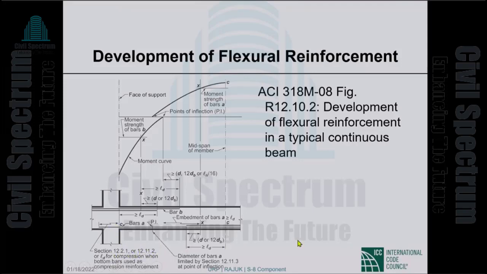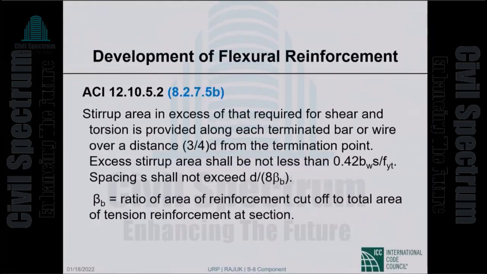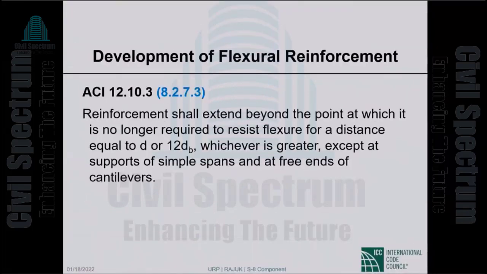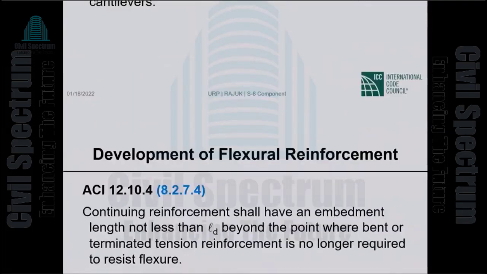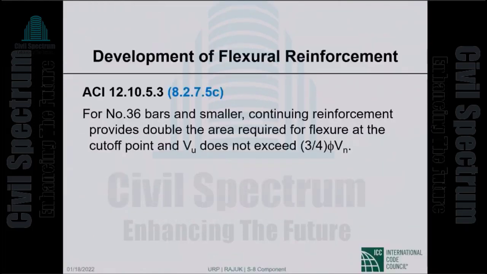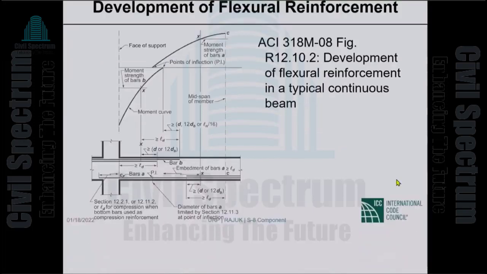Anyway, so the illustration shows mostly what was said. Both of the things are important. The D or 12 bar diameter, but this is no less important, that the continuing bars have to have full development length beyond the theoretical point of cutoff.